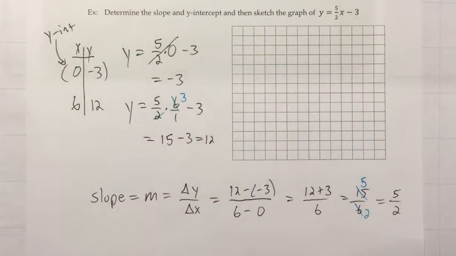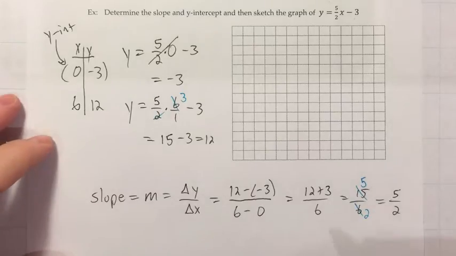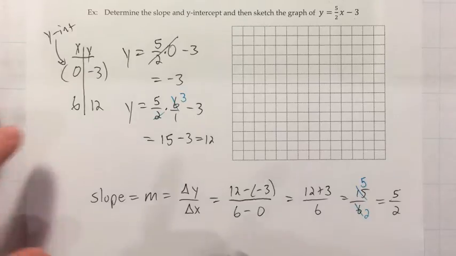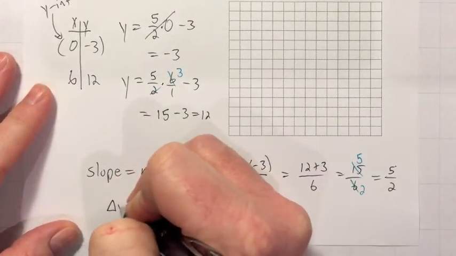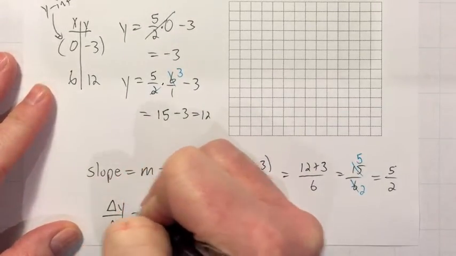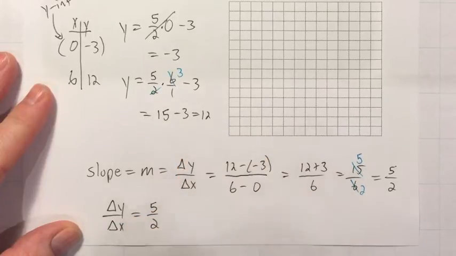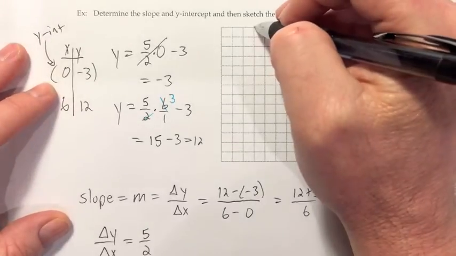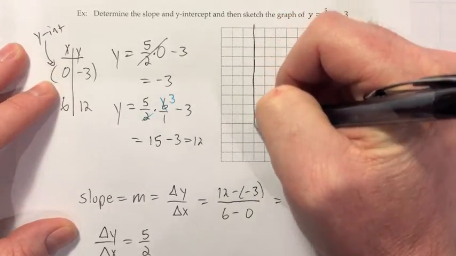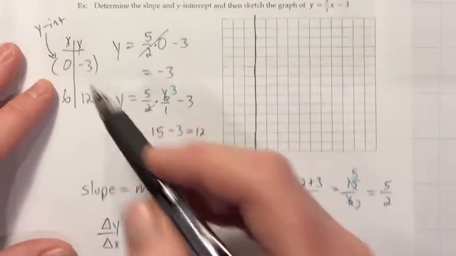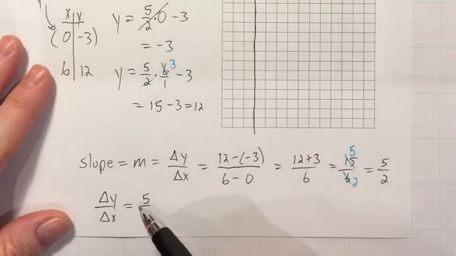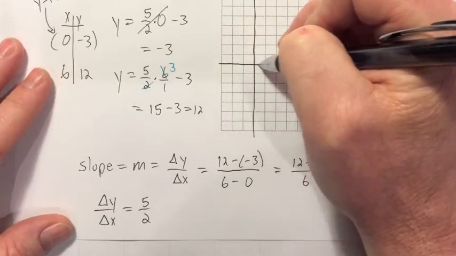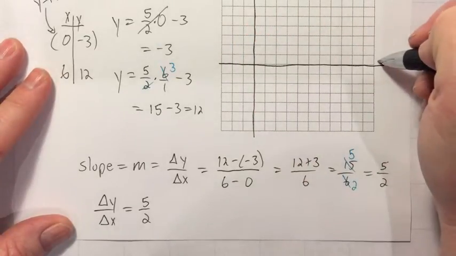But they also asked us to sketch the graph. So we want to use the idea that the slope is change in y over change in x. So change in y over change in x is +5/2. So I'm going to draw in my axes to the left, and then let's see, I'm starting down, but the slope is positive, so I'm going to move up. So kind of in the middle-ish would be fine, I think.